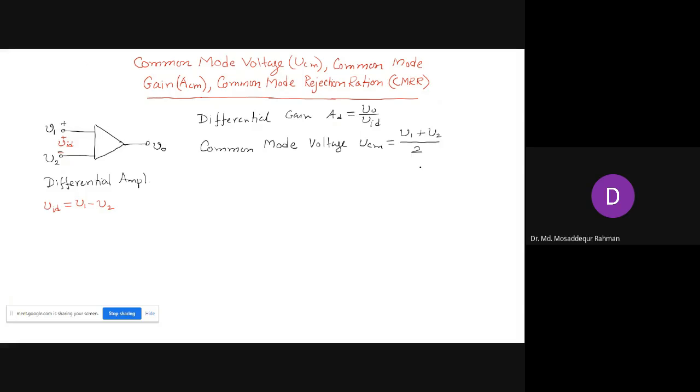When you take the average voltage, that is our common mode voltage, and the gain due to that we call the common mode gain. So common mode gain, denoted by ACM, will be V0 by VCM.